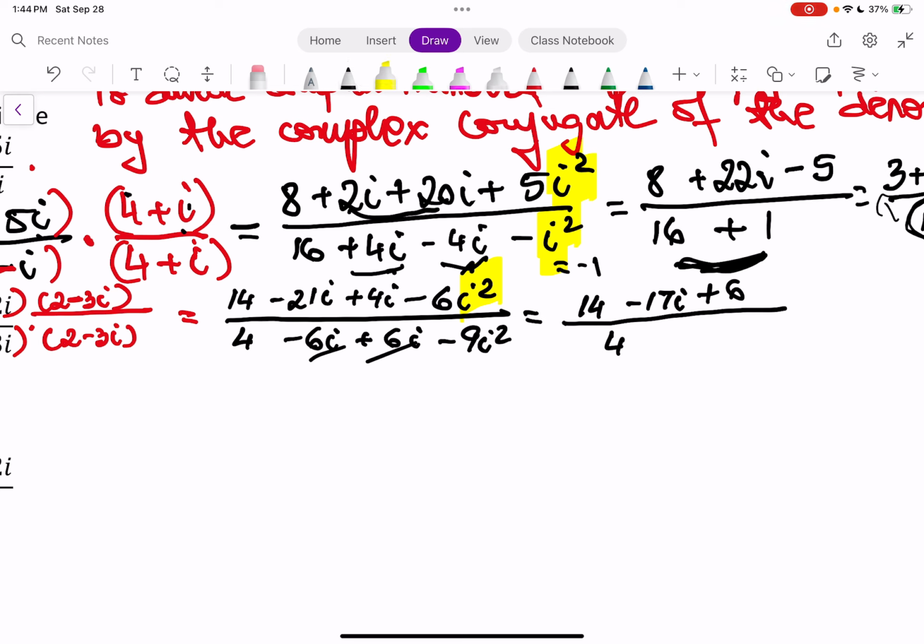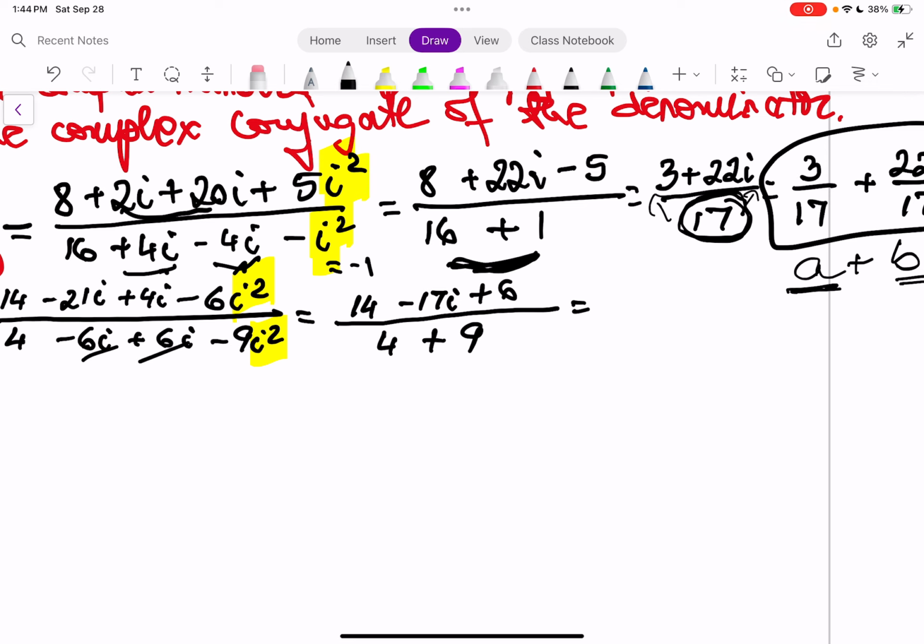And same thing, the i squared is just switching the sign of the number at the front. So negative 9 times negative 1 equals positive 9. So finishing up this problem, I'm going to get 20 minus 17i divided by 13, which equals 20 over 13 minus 17 over 13 i.